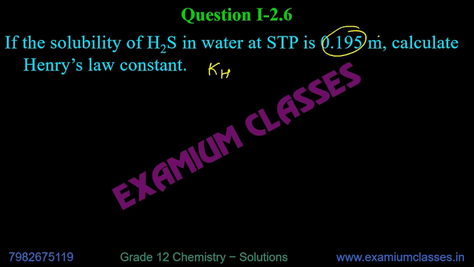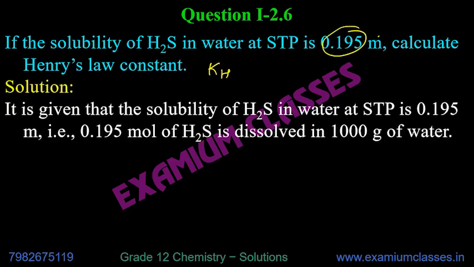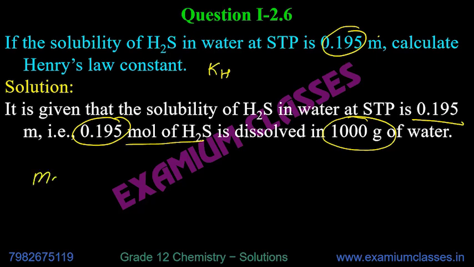So how do you proceed? You will say, at given conditions, the molality is 0.195. It means 0.195 moles of H2S are dissolved in 1000 grams of water. What is the definition of molality? Small m means molality.